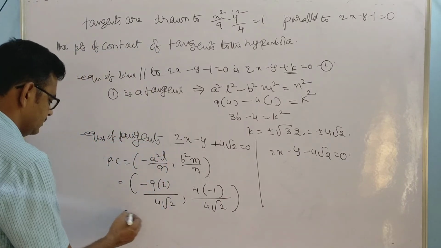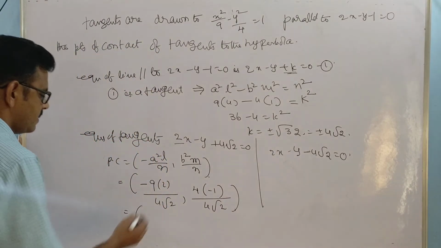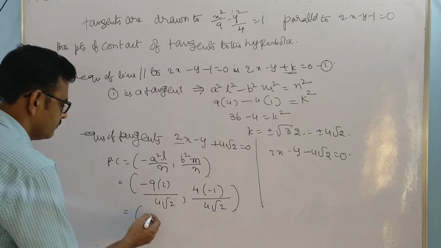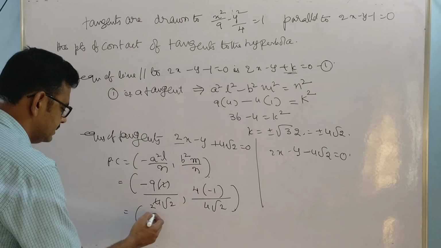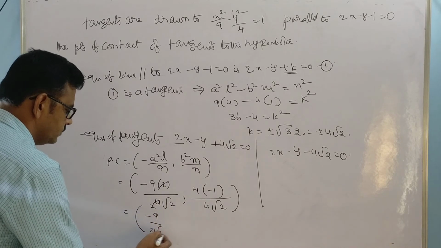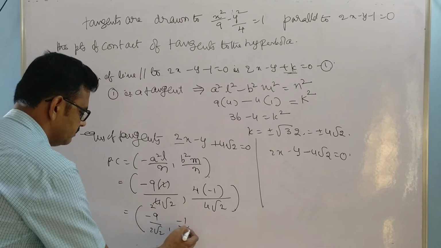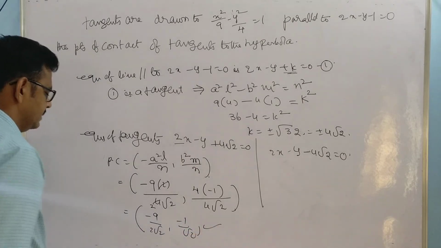So that is equal to minus 9 by 2 root 2, comma minus 1 by root 2. So this is one point of contact.